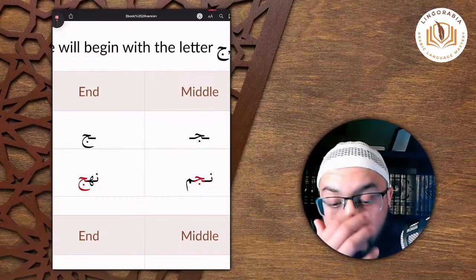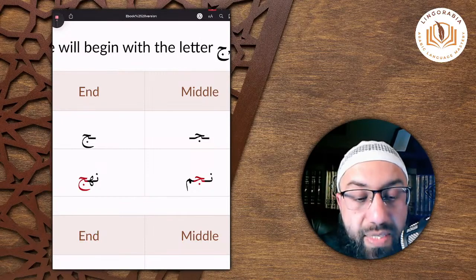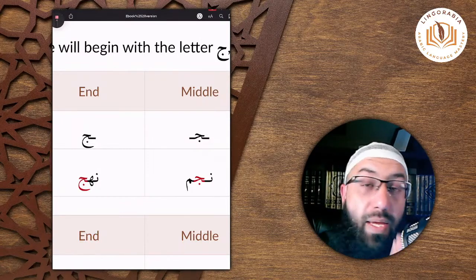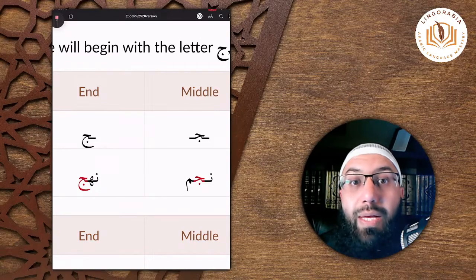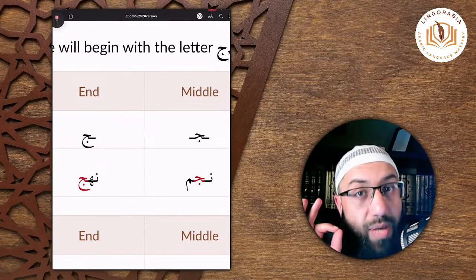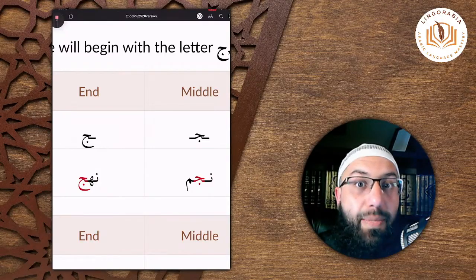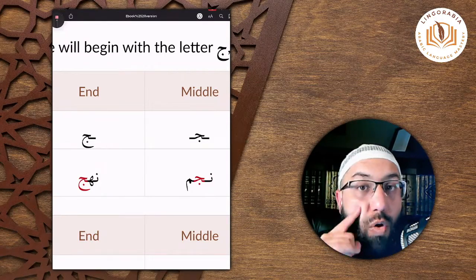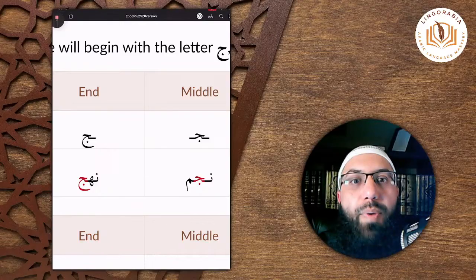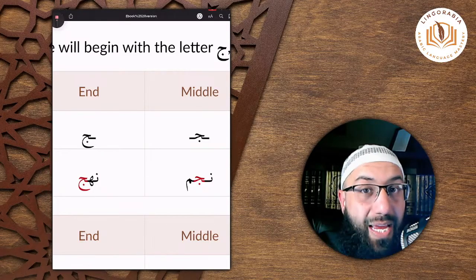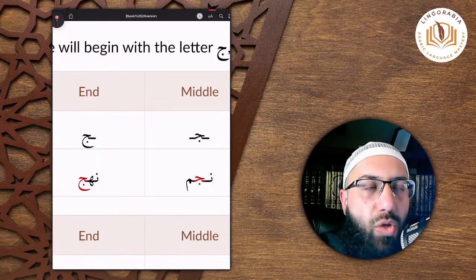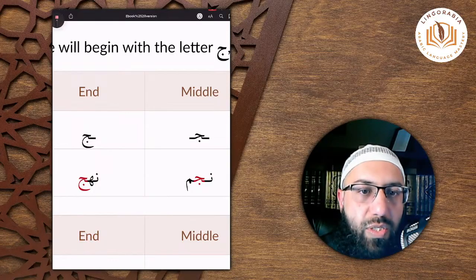It is clear what we are doing here. So we have seen now the jim in the beginning, in the middle, and at the end. What you have to keep in mind with jim is that the lower part of the jim will disappear, so you have to focus on the upper part, and if it is there, then you recognize, okay, this is the jim. Don't get confused because the lower part is removed.